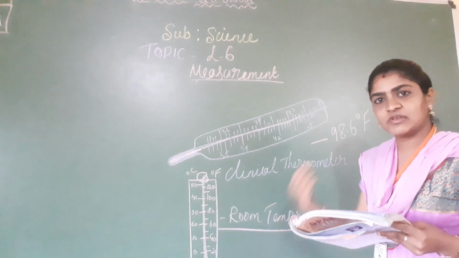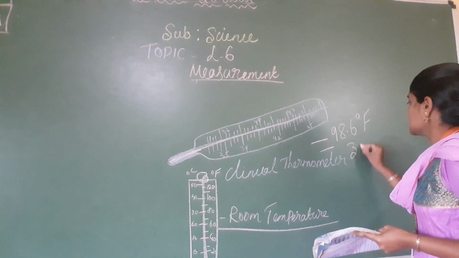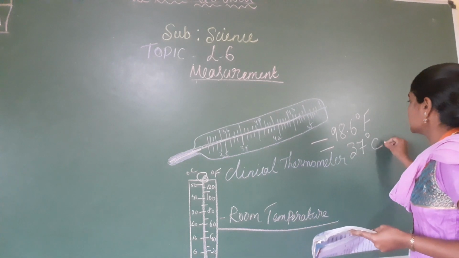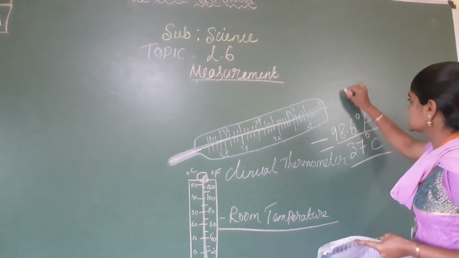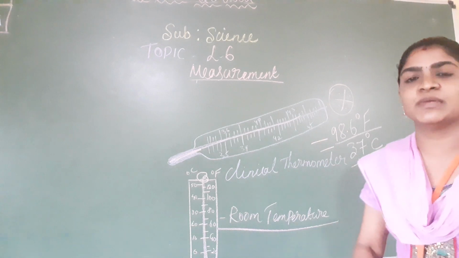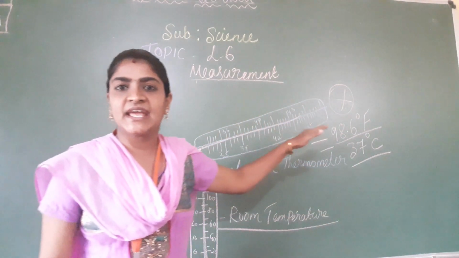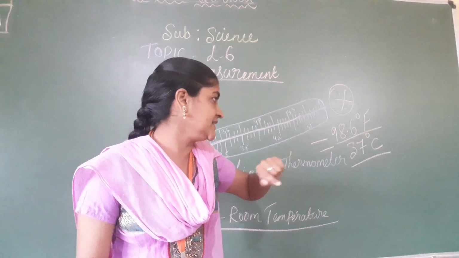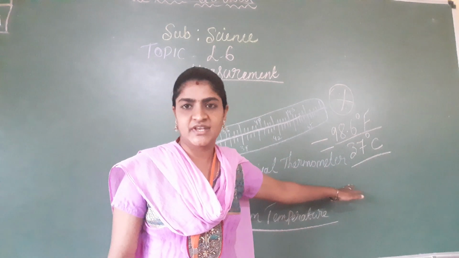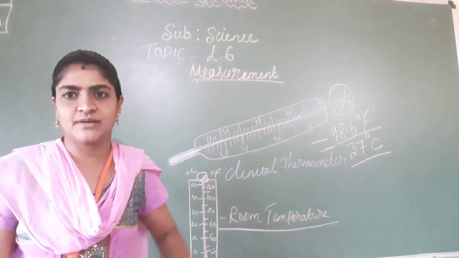They also calculate in Celsius, so it is 37 degree Celsius. These two are very important, children. You want to know what the normal temperature of our body is. Normal temperature is 98.6 degree Fahrenheit, and in degree Celsius it is 37 degree Celsius. So this is our normal body temperature.